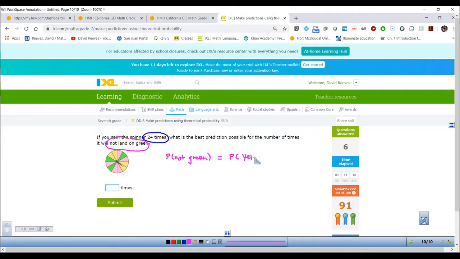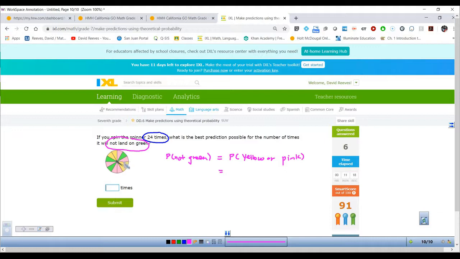Probability of yellow or what? Pink, right? You guys agree with that? There's only three colors. There's yellow, pink, and green. So if it's not green, it's yellow or pink. And these are mutually exclusive because it cannot land on yellow and pink at the same time.